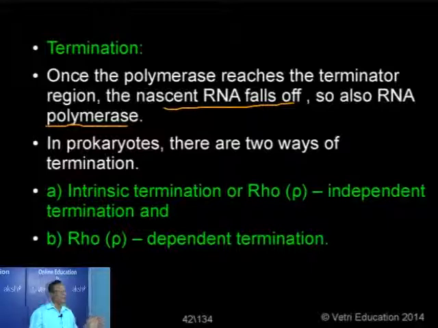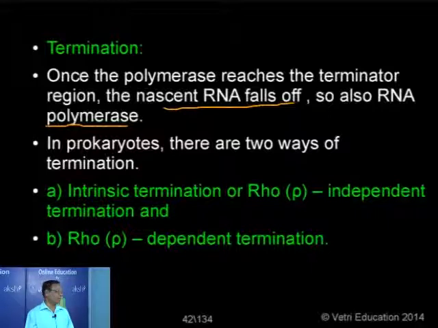So once the RNA synthesis has been completed, once the RNA polymerase reaches the terminator sequence of DNA, then the process of RNA synthesis stops. That is called simply the termination process, so that both the polymerase enzyme and the newly formed mRNA have been dissociated from the DNA.